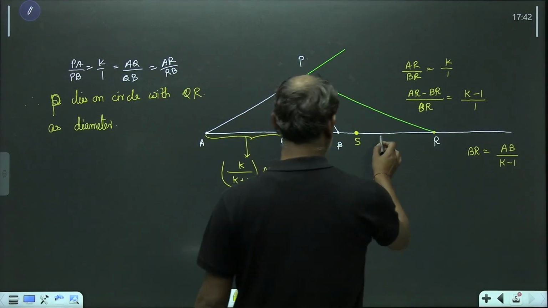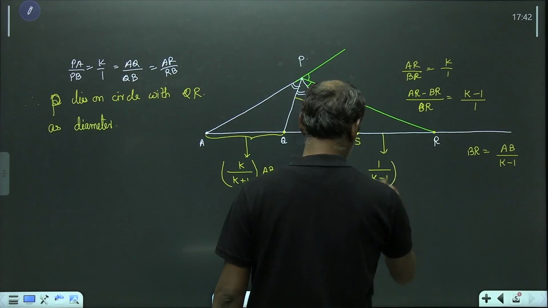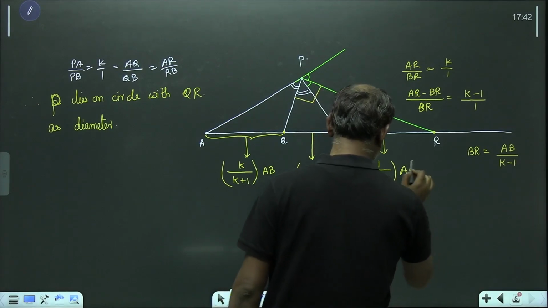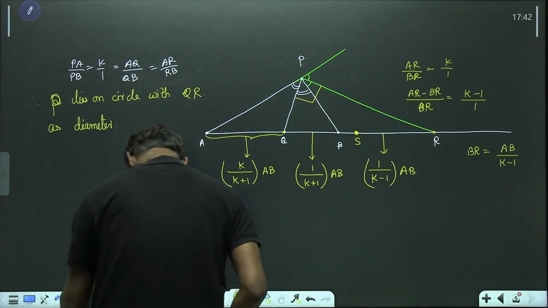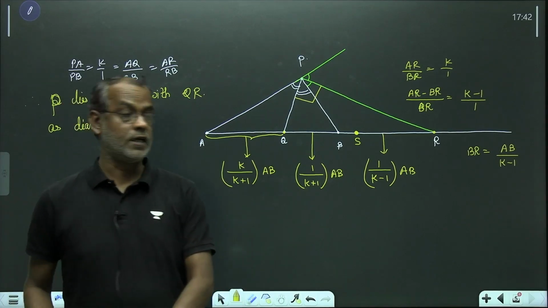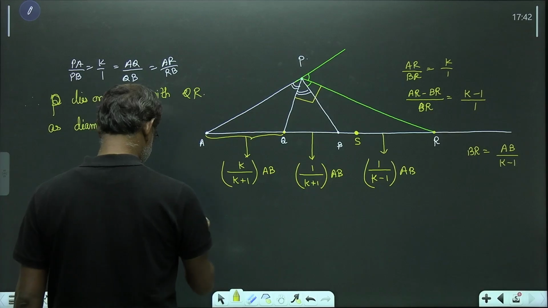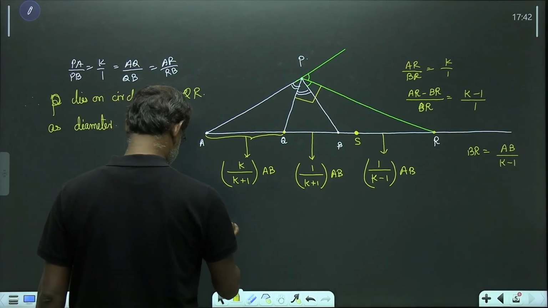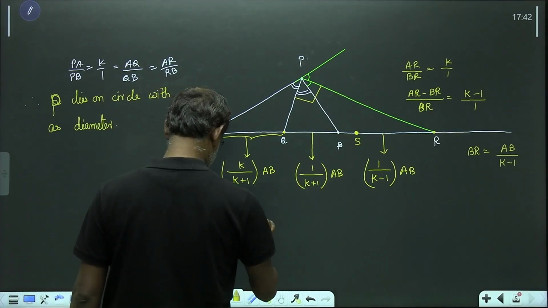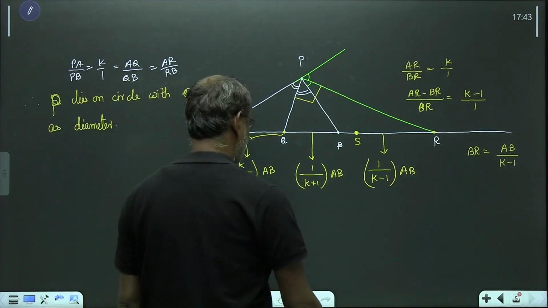So, BR is 1 by K minus 1 times AB. So, the radius of the circle, this distance QR, what is this distance?